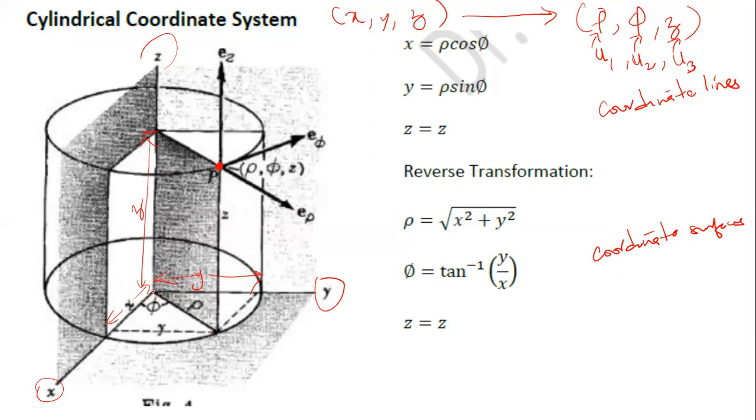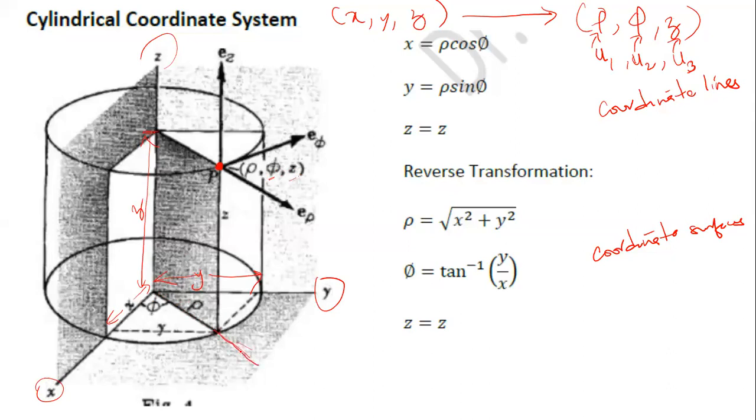So if you increase the rho value, it will go like this, considering that all the other variables like phi and z are fixed. If you fix phi and z, and if you vary rho only, you start from 0 and you move along this line, it will be a straight line.